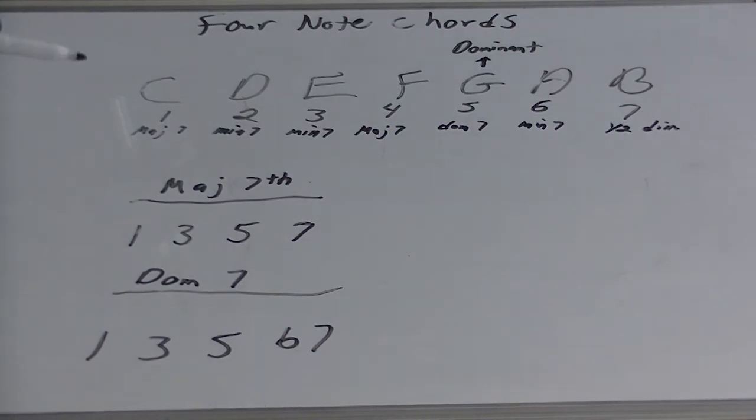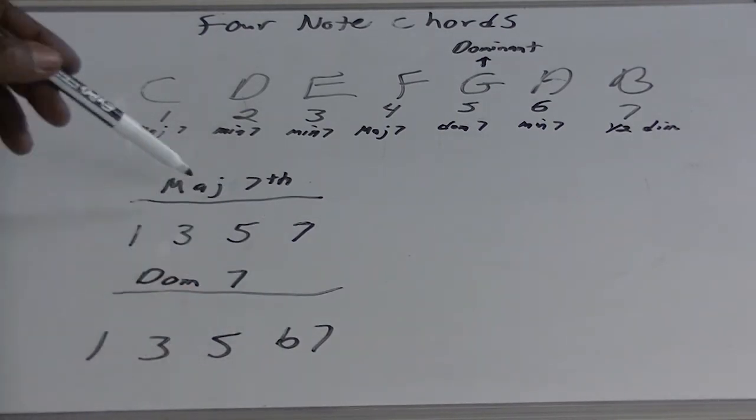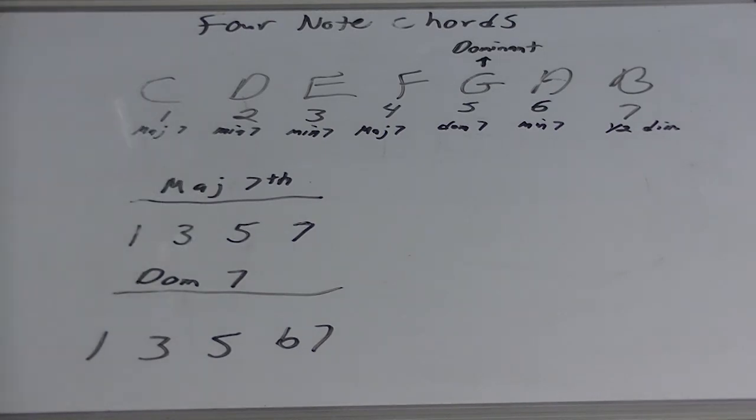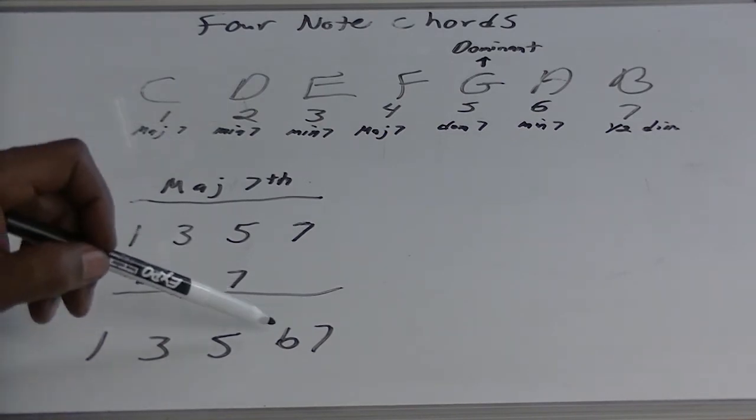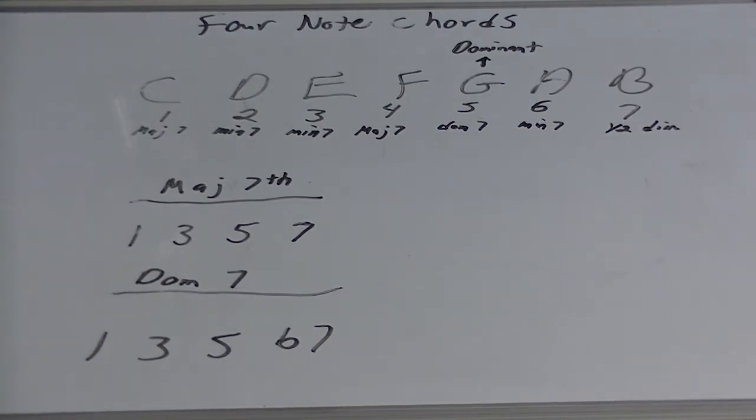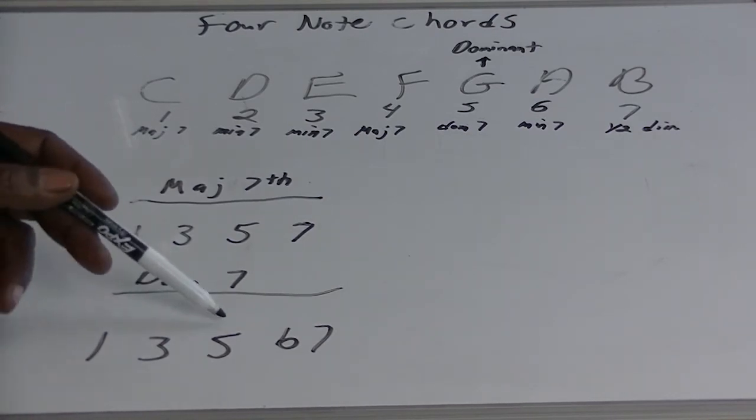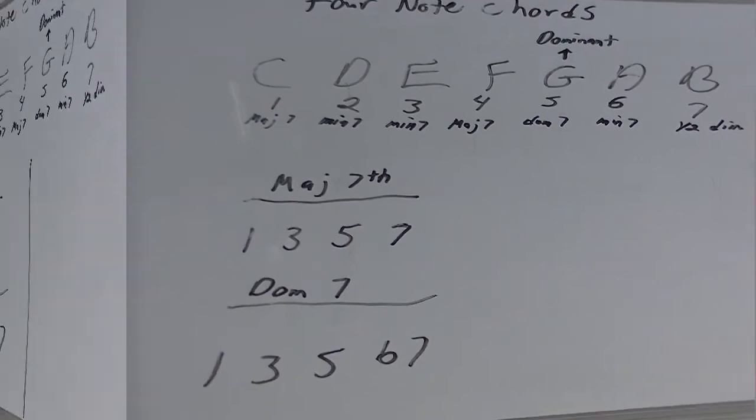So as you can see, the only difference between these two chords is in the seventh. They both contain the major triad, with the significant difference being that for this dominant 7 chord, we have the flatted 7. So I like to see the dominant 7 chord as a major triad with the flatted 7.